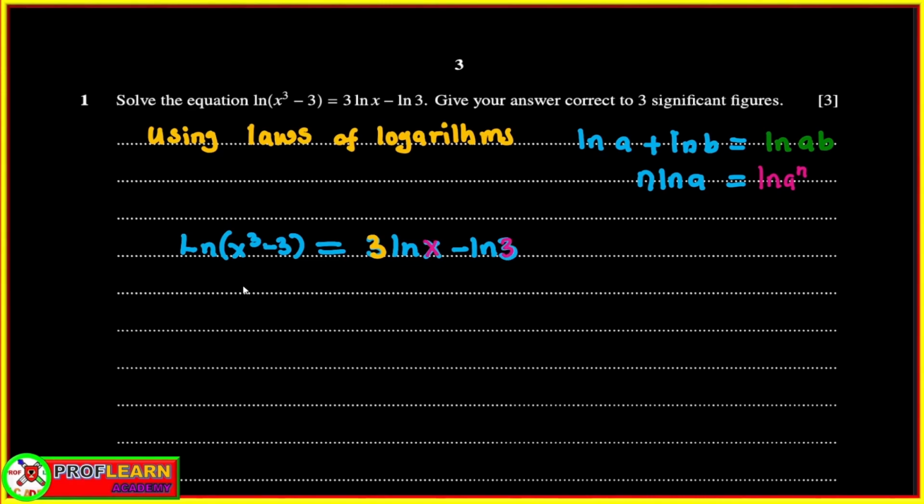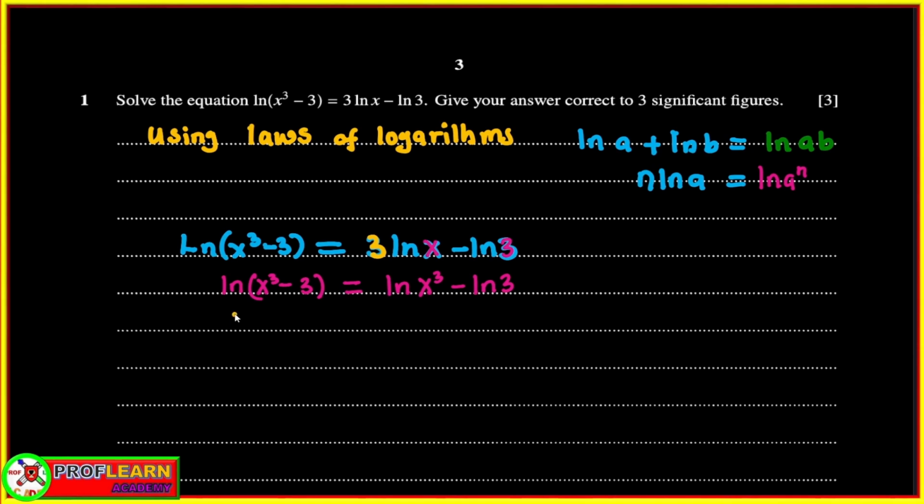So this is going to reduce to ln(x^3 - 3) = ln x^3 - ln 3.